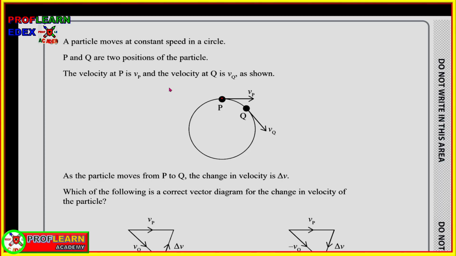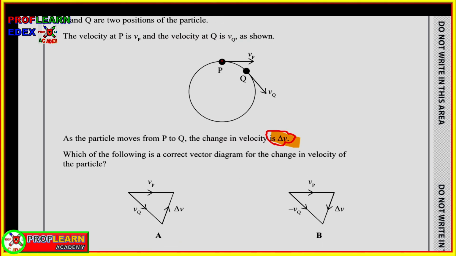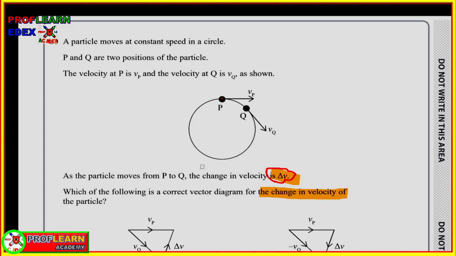As the particle moves from P to Q, there is a change in velocity, which is going to be change in V. Now, which of the following is the correct vector diagram for the change in velocity?